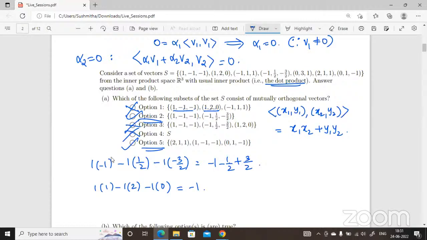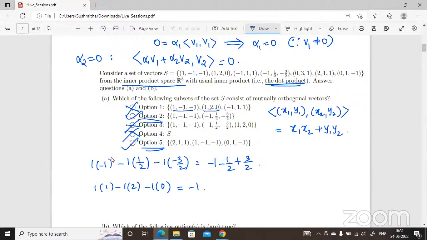Ma'am, what do you mean by inner product space R3? Inner product space means R3 is a vector space, right? So you agree that R3 is a vector space. And you can define an inner product on R3, right? You already know the inner product, the dot product.